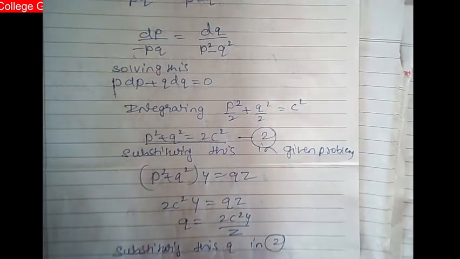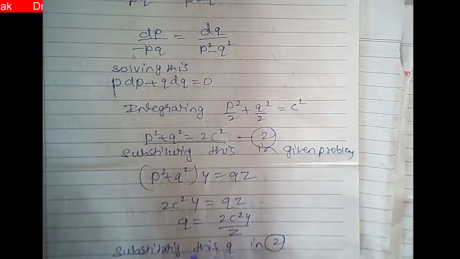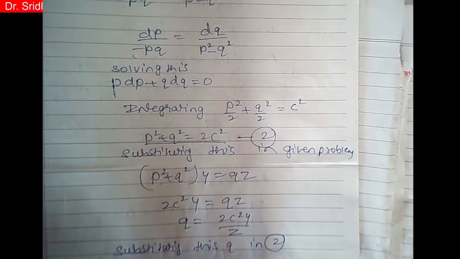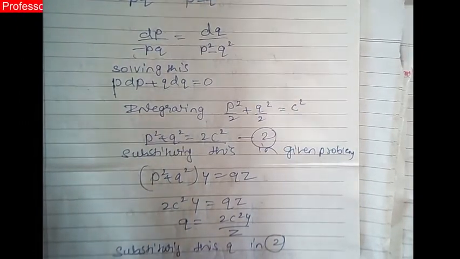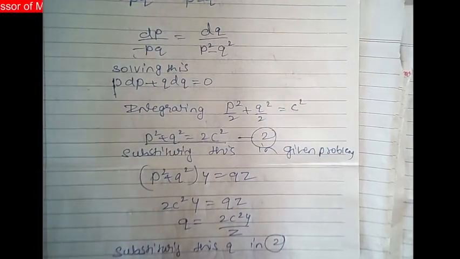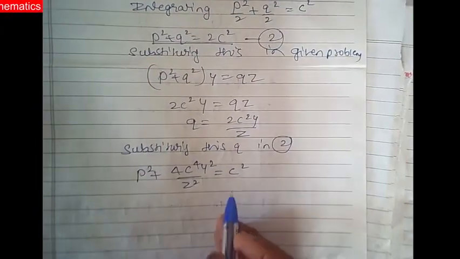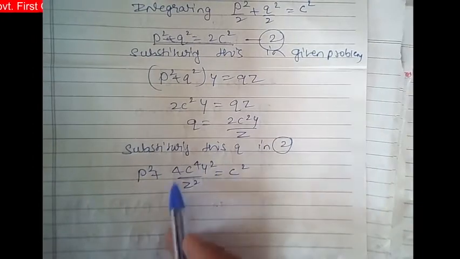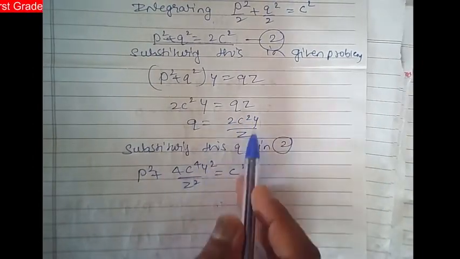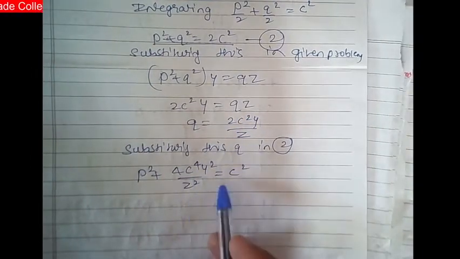In this equation we substitute, so p square plus q square, that is 4c raised to 4 y square by z square is equal to c square.